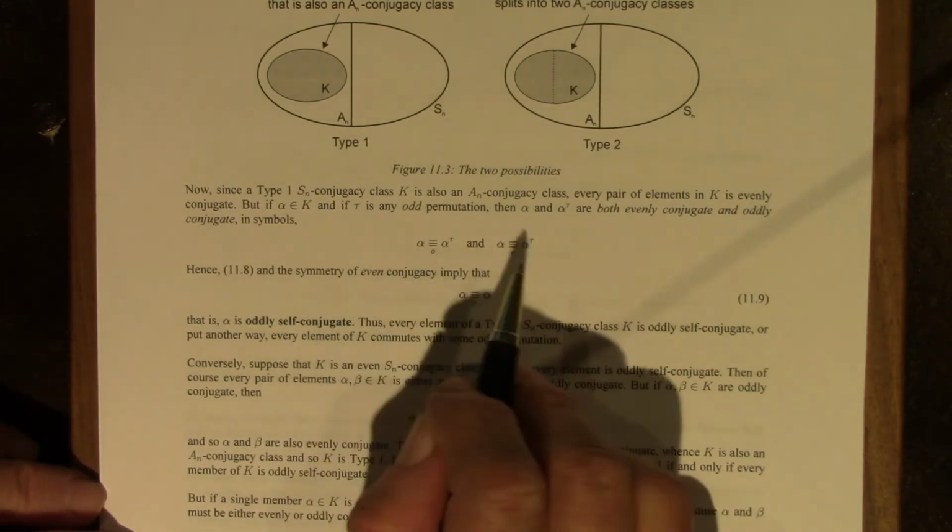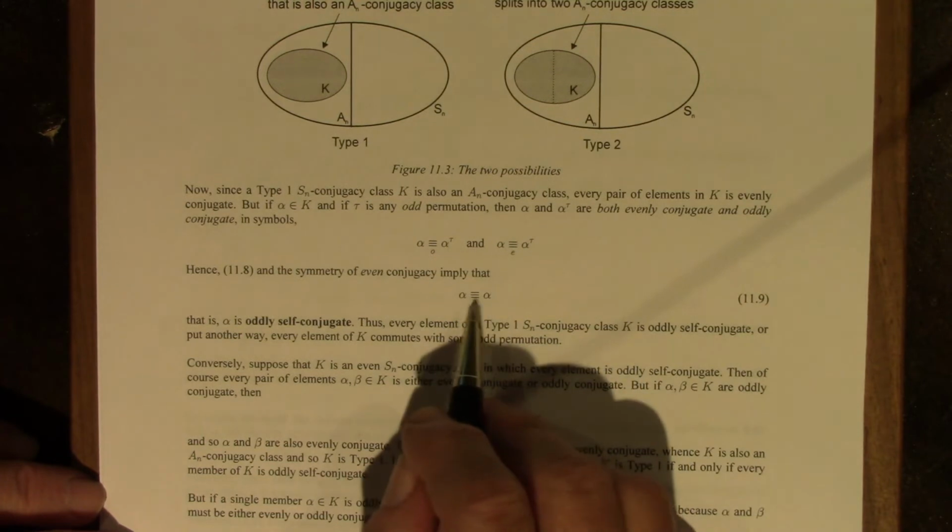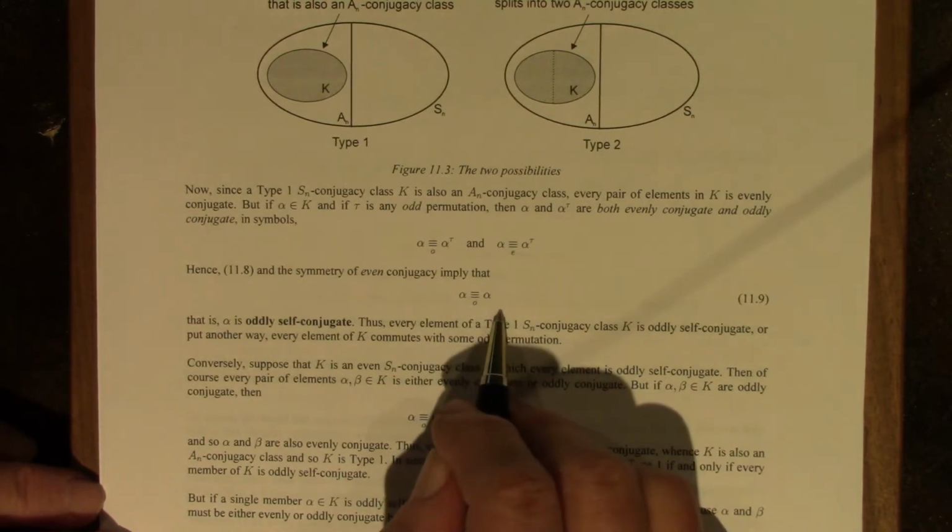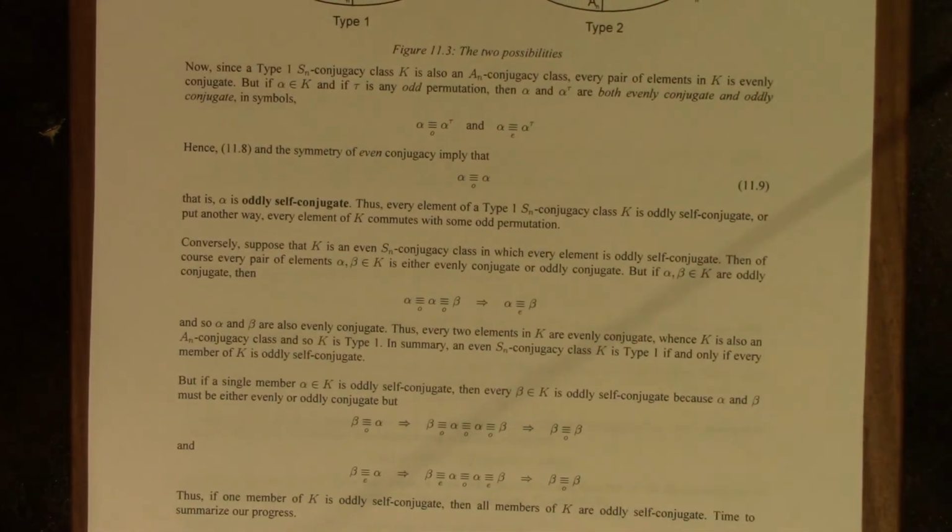So alpha must be oddly conjugate to itself, and so we'll say that alpha is oddly self-conjugate. So every element of a type 1 S_N conjugacy class, K, is oddly self-conjugate.